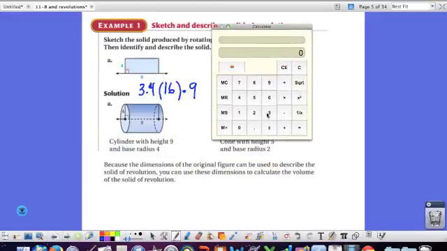And we have 3.14 times 16 times 9, and this cylinder would have a volume of 452.6, and that was just from rotating 360 degrees a rectangle that would have had an area of 36.